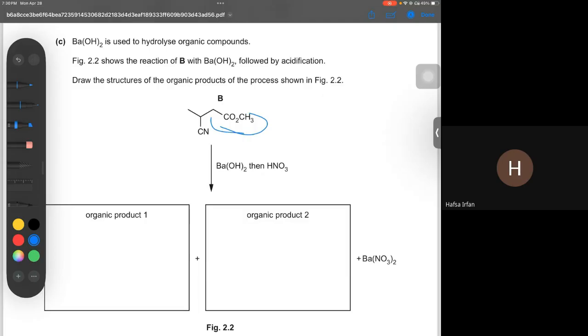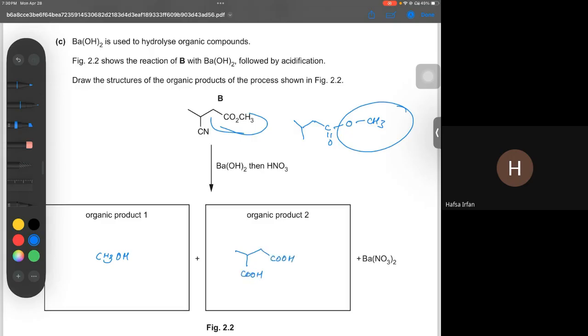I can say that you can see this would be breaking down. The first one would be this, and the second one would be this one.